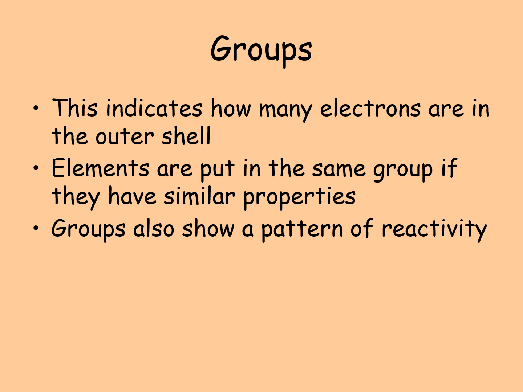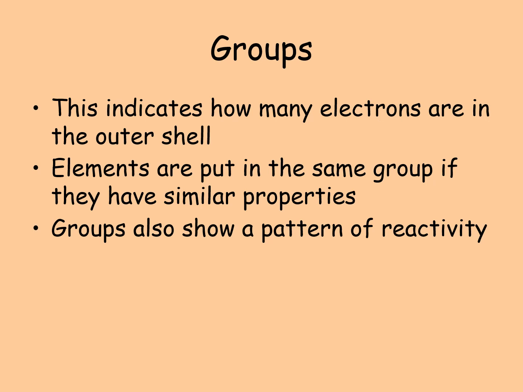Okay, the groups are the columns going down. These indicate how many electrons are in the outer shell. They are put in the same group if they have similar properties. They show a pattern of reactivity. So, for example, group 1 is a group called the alkali metals. It's on the very far left of the periodic table.